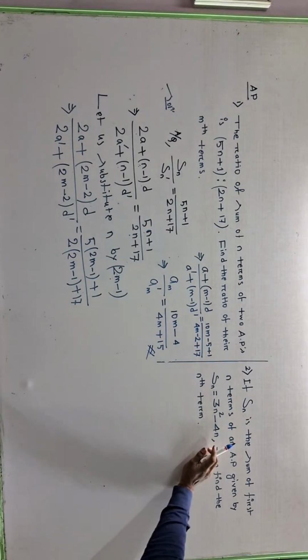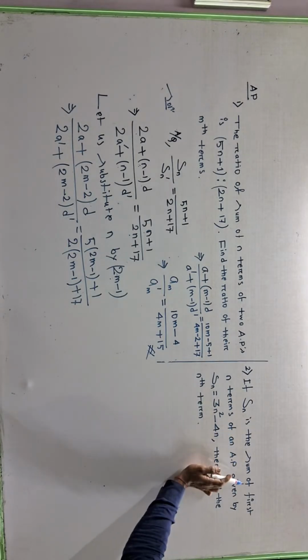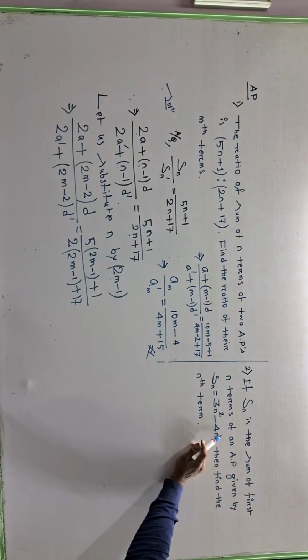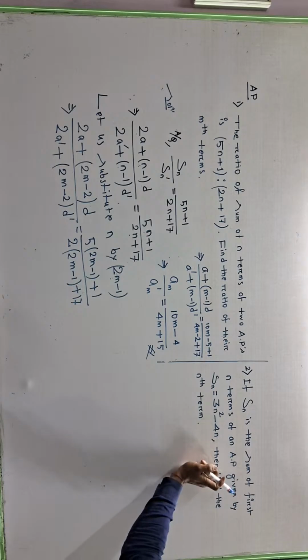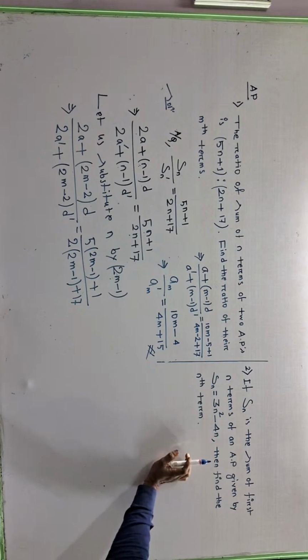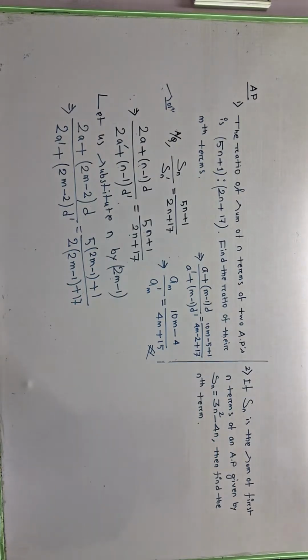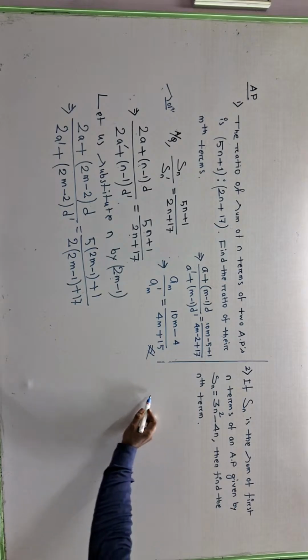Here it is asked, Sn is the sum of first n terms of an AP given by Sn equal to this much, then find the nth term. So the sum of n terms is given to you. Before that, let me show one thing here.